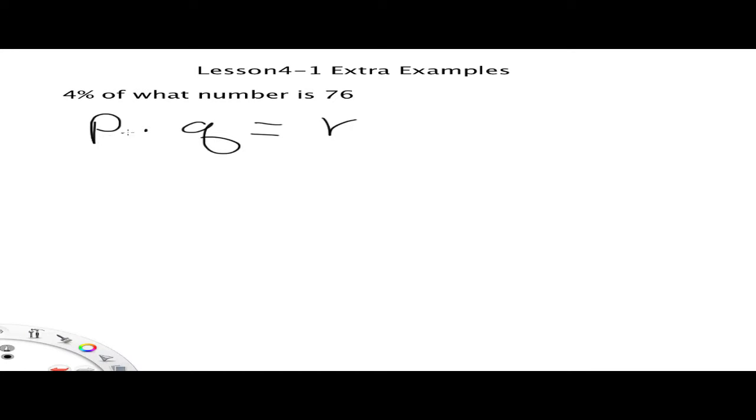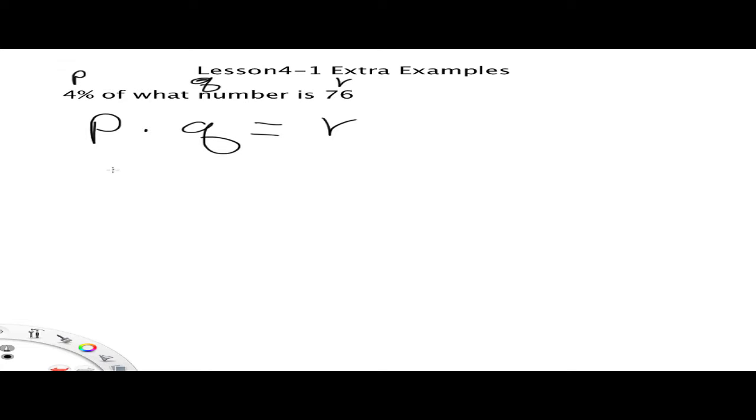So our percentage times the quantity equals R. And so 4% of what number? So this is our P. What number is Q, and is 76, that's our equal sign, is R.